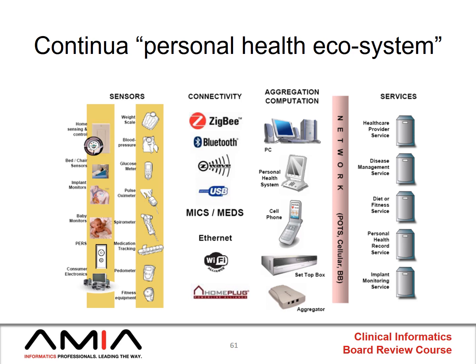The connectivity may be Bluetooth, it may be Wi-Fi, USB, direct Ethernet combination, and so forth. The data then gets aggregated on computational devices, everything from computers to cell phones to set-top boxes, and then it's passed across the network to services such as electronic health records, personal health records, disease management systems, and so forth.